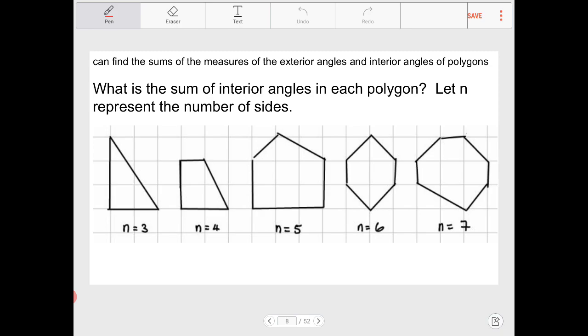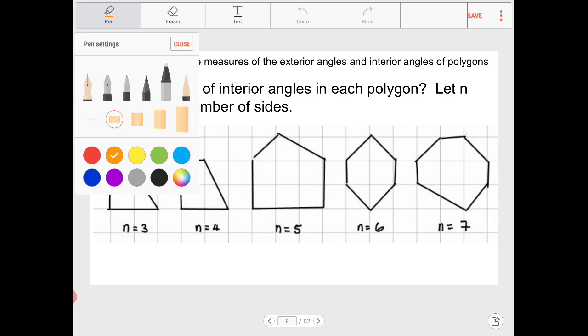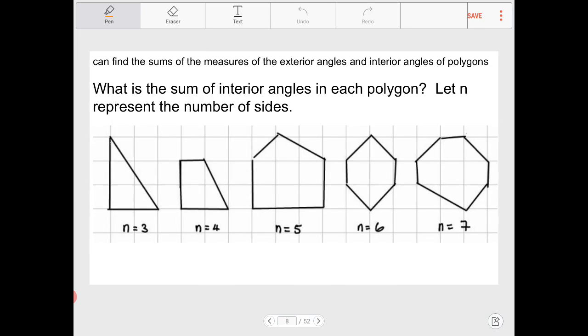Up until this point, we've covered this fact, and we've proven this as well, that in a triangle, regardless of it being a regular triangle or not, the angle measures inside of a triangle add up to 180 degrees. It will be 180 degrees.